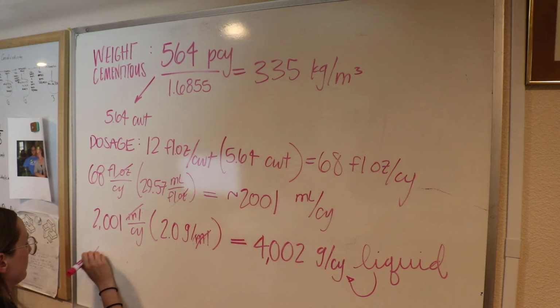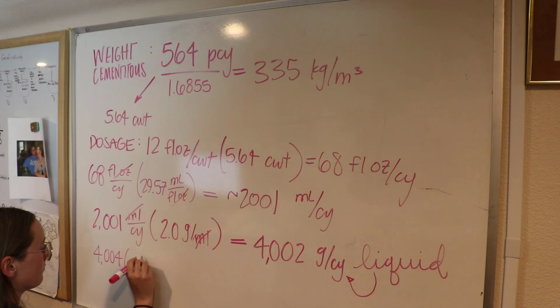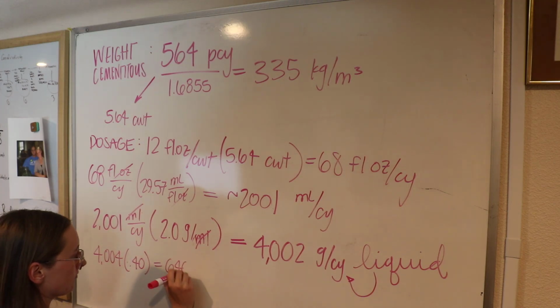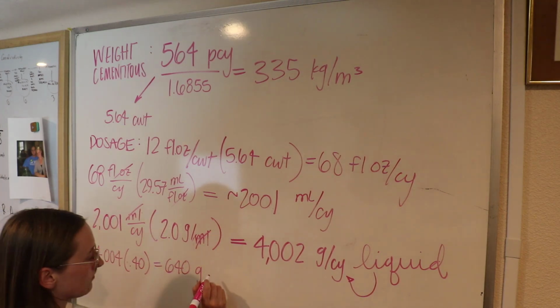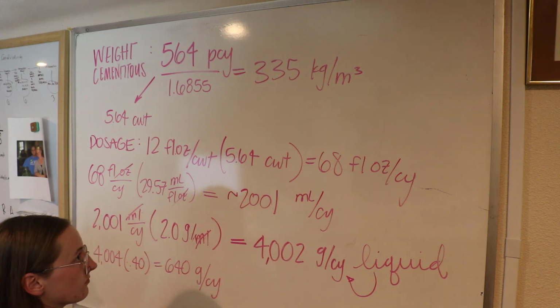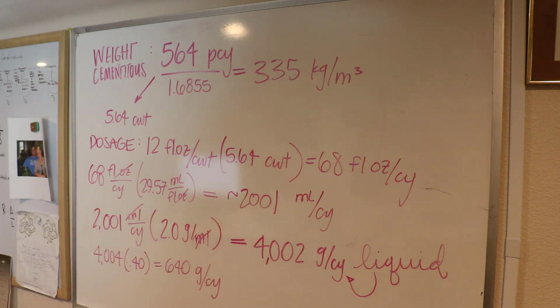Now here's the thing: that's the weight of our liquid. Most non-chloride accelerators are not 100% solids. They're somewhere between 40 and 60% solids. We chose 40% solids. So when you multiply 4,004 by 40%, you're left with 640 grams of calcium nitrate per cubic yard.